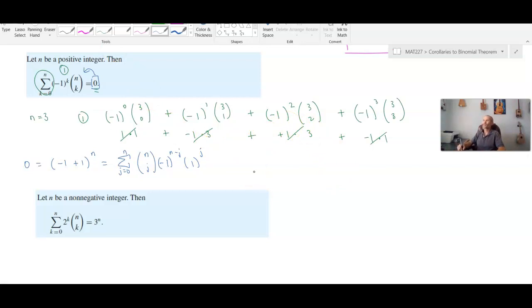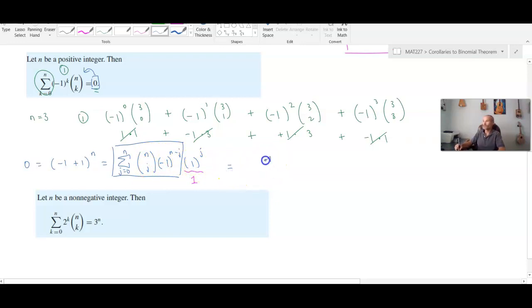Well, let's see. I could start to expand this out, but I see that there's going to be a 1 to the j power here. And if I raise 1 to any power, that's just going to be 1. So since that's 1, I'll have 1 times this quantity here. Well, all of these individual terms will have n choose j, negative 1 to the n minus j times 1.